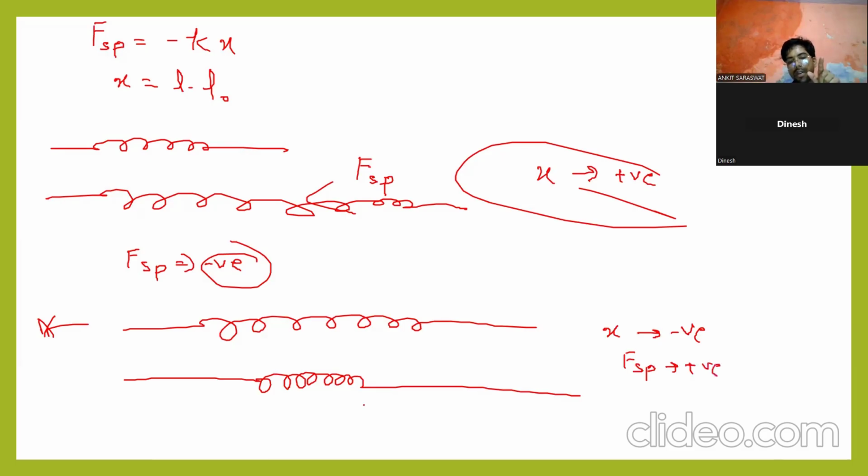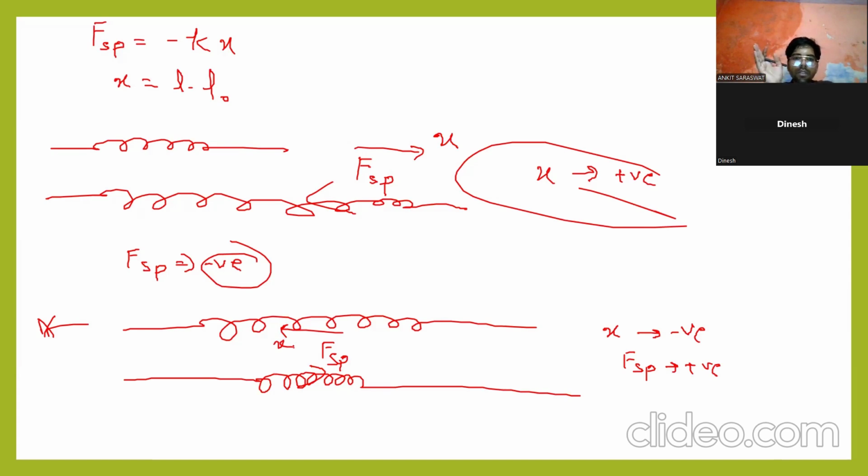Positive means right. The spring force will be like this. Clear? Here, if F_sp is to the right, then X will be to the left. X is a vector, displacement or extension. Clear?